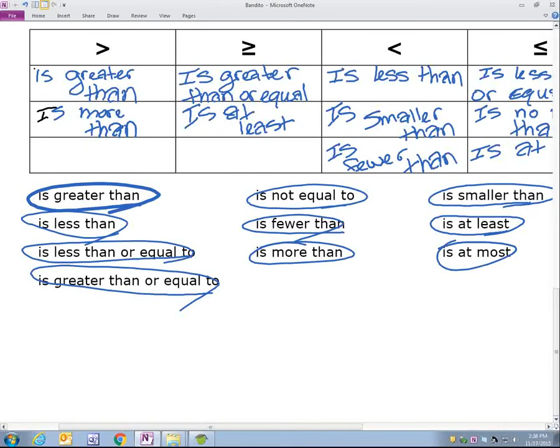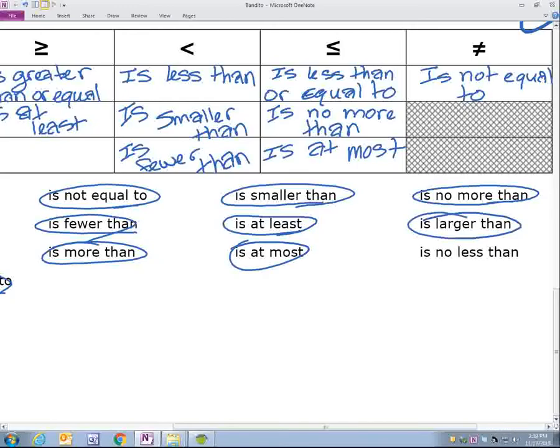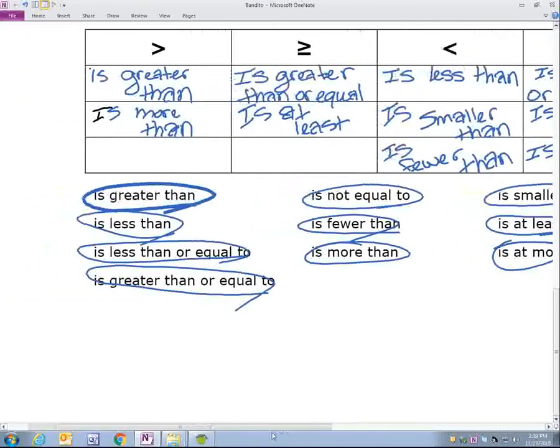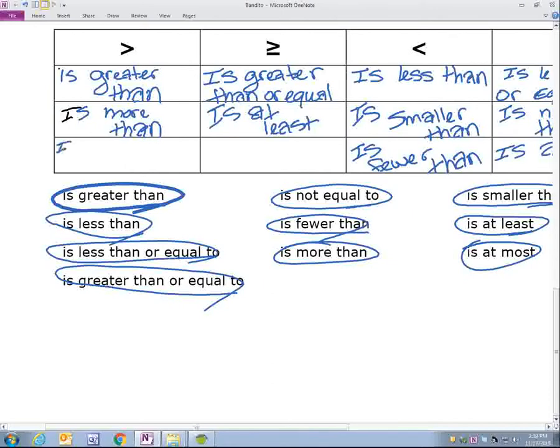Is greater than. We already did that one. Is larger than.